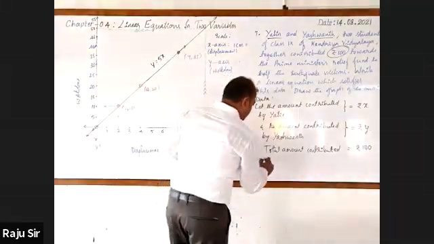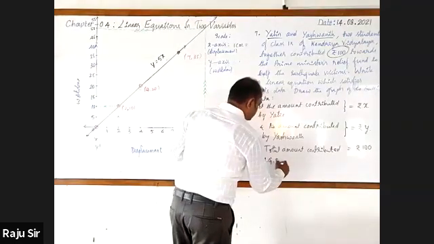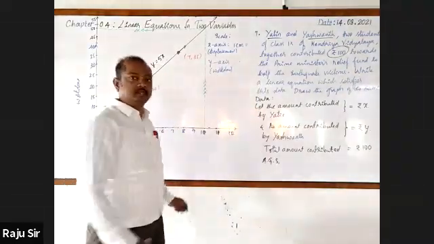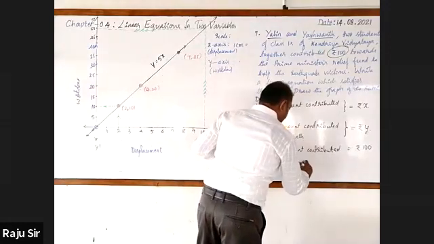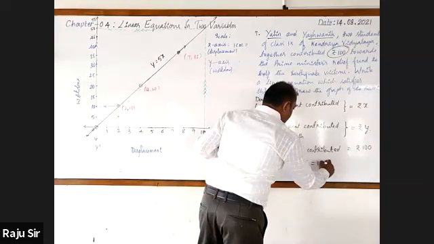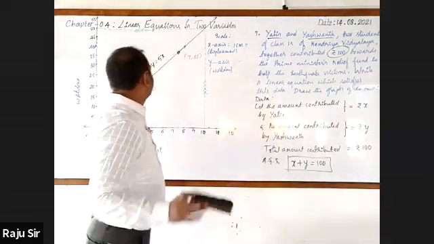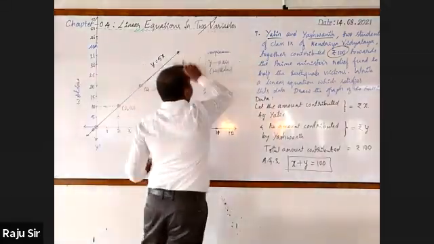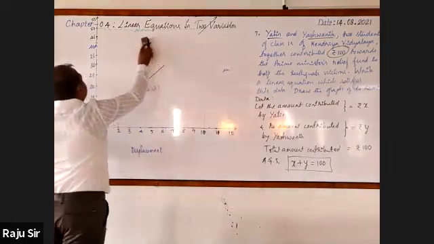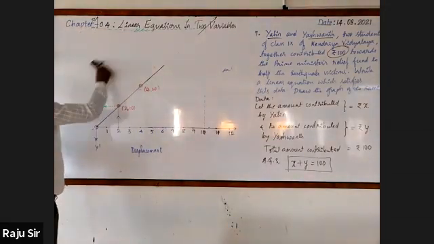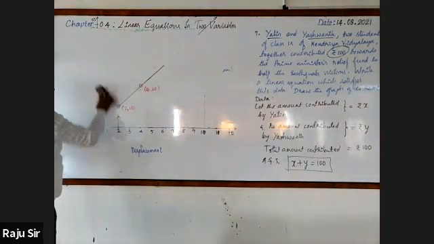Next, according to the given statement, we can write the equation as X plus Y is equal to 100. We have converted the statement into an equation. To draw the graph, what is required?